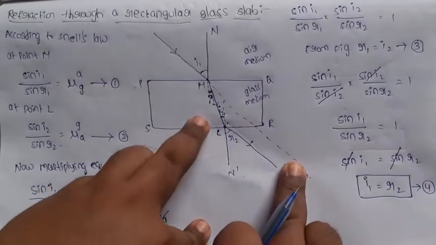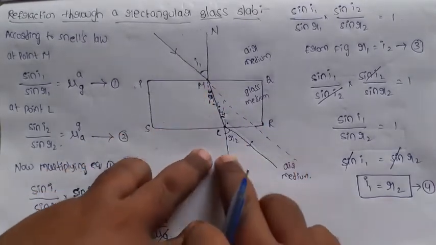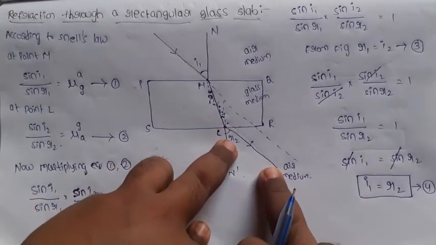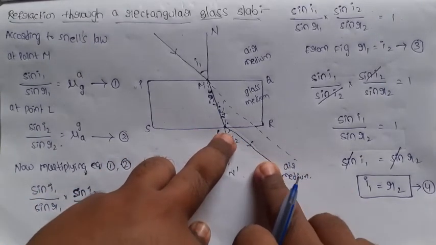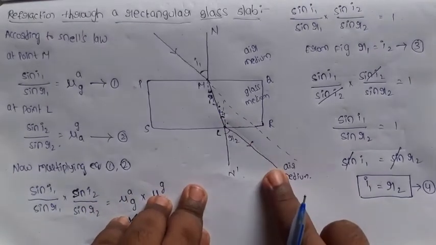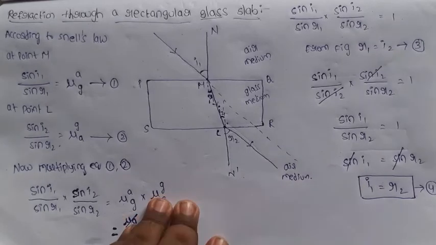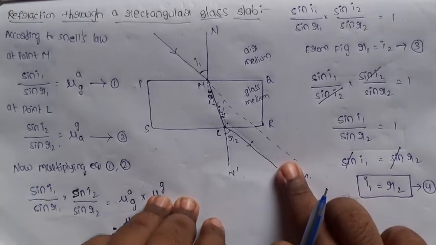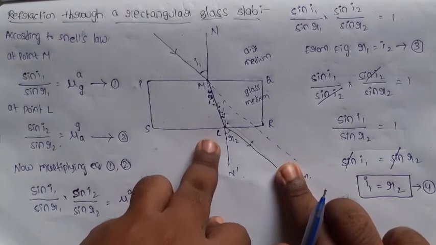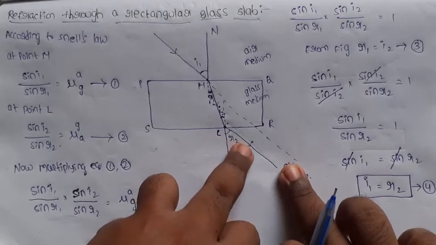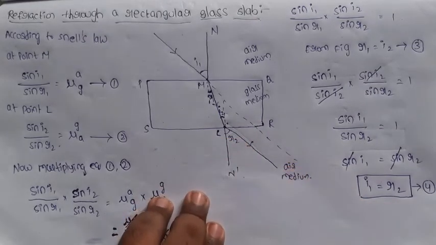But what happened in the glass slab? The light is passing from this direction, so the path of the light is shifted. The shifted path we call lateral displacement of the light in the glass slab.